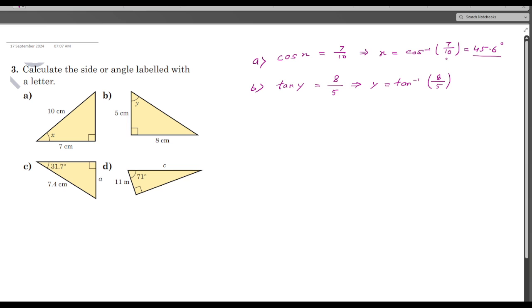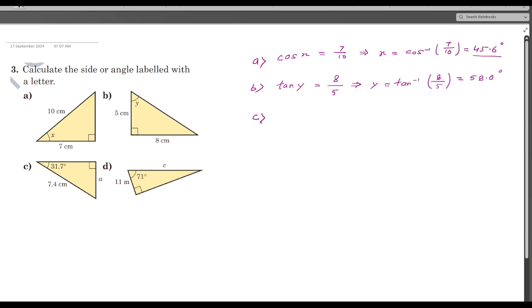Tan inverse 8 divided by 5 is equal to 57.99, that is approximately 58.0 degree. This 0.0 indicates that we are finding up to one decimal place.